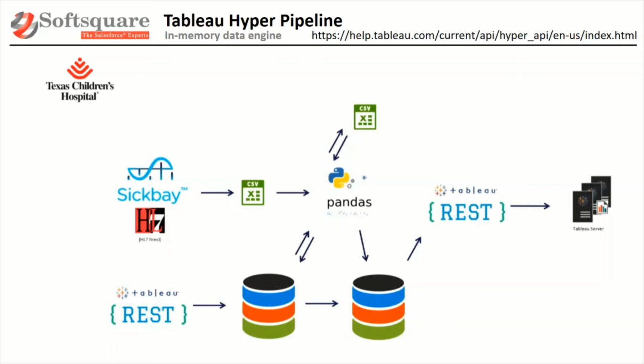But if it's a Tableau server and it's something that needs to happen on a regular basis, then you would have to use another API from Tableau for the Tableau server API. Using that Tableau server API, you can go ahead and take the content, load it, publish it into this Tableau server. So that's publishing the Hyper data store into the Tableau server. That requires the Tableau server API to do that.